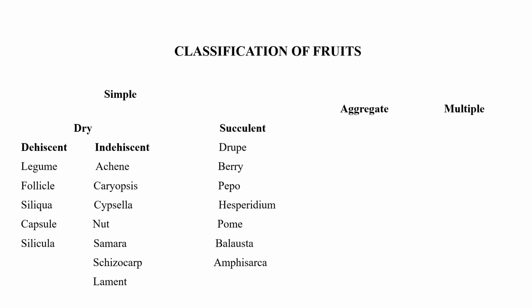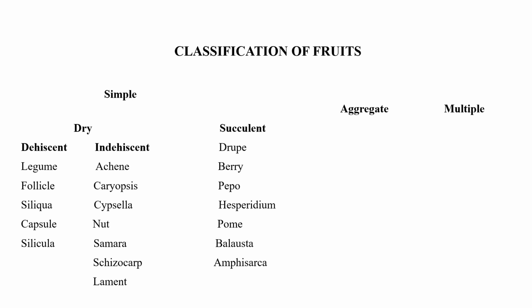In fact, under aggregate, because aggregate is also referred to as etaerio, most times you have an etaerio of berries, that is, when you have berries that have been formed together as a result of being one flower that is made up of more than one reproductive part.